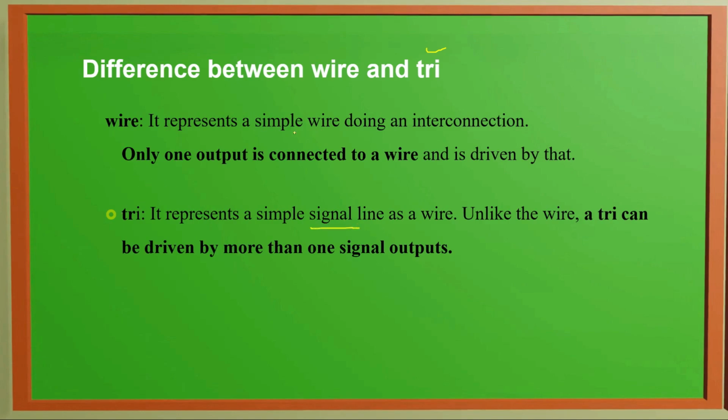Wire is also a signal line which carries the electrical signal. It may be 1 or 0. Tri is also a signal line. So what is the difference? In wire, only one output is connected to the wire, and that particular output will drive it. But in tri, it can be driven by more than one signal, like tri-state, where there may be 3 states.